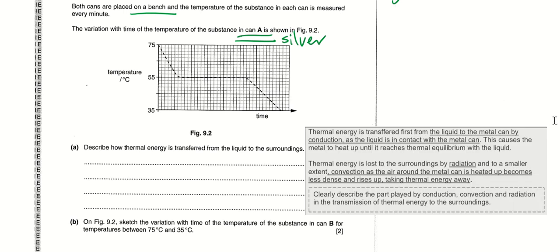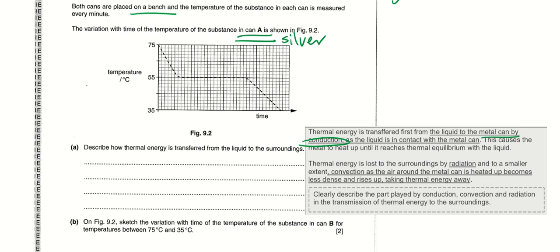Thermal energy is transferred first from the liquid to the metal can by conduction, because the can is filled with this hotter liquid. So this can will then be hotter by having thermal energy transferred from the liquid to the can by conduction. You need to state conduction, because the liquid is in contact with the metal can.